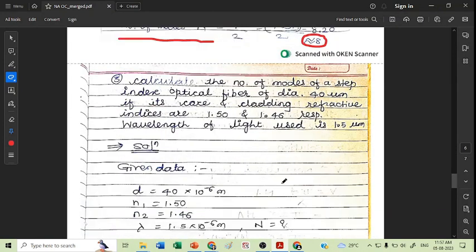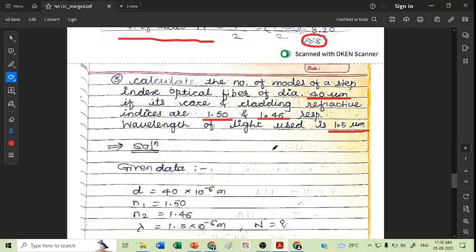Let us solve the next numerical. Calculate the number of modes of a step index optical fiber of diameter 40 micrometer if its core and cladding refractive indices are 1.50 and 1.46 respectively. Wavelength of the light is 1.5 micrometer. Now here it is similar to your previous numerical.